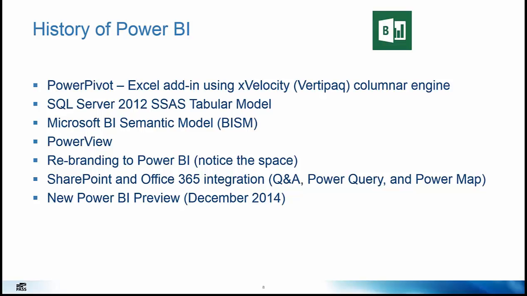Then the next big thing that helped with some of this, brought in at the same time as Tabular with SSAS, is the Microsoft BI semantic model, or BISM as some people shorten it. It helped unify the multidimensional models that existed within Analysis Services and Tabular, and how the Reporting Services stuff worked with the different RDL files, all unified under this semantic model to make it easier to work with, mainly for IT, and easier to understand.